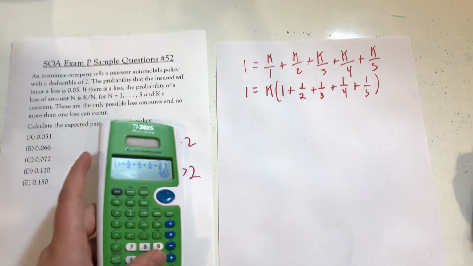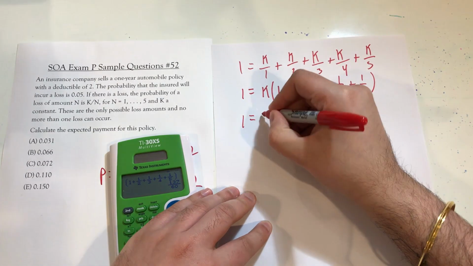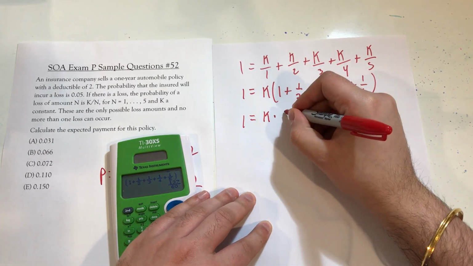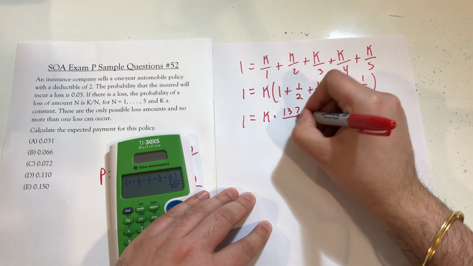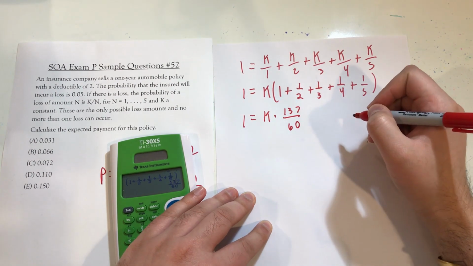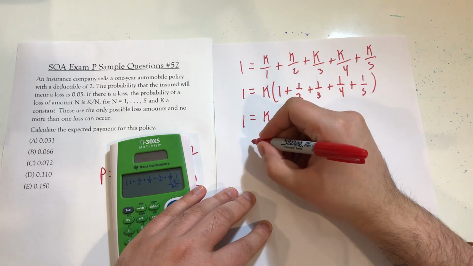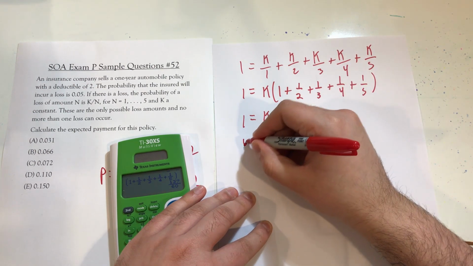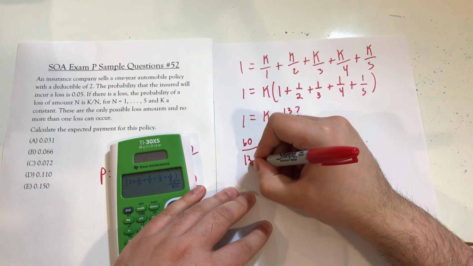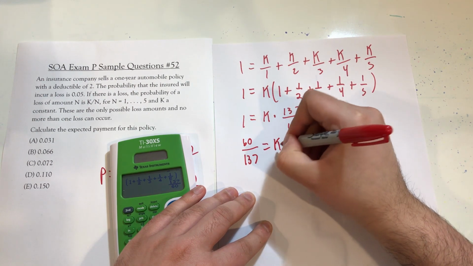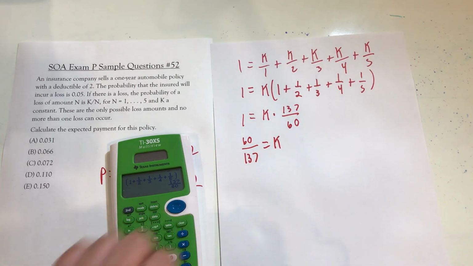That gets me 1 is equal to k multiplied by 137 over 60. And then, easy enough, we bring that over to the other side, and we find out that 60 over 137 is equal to k.